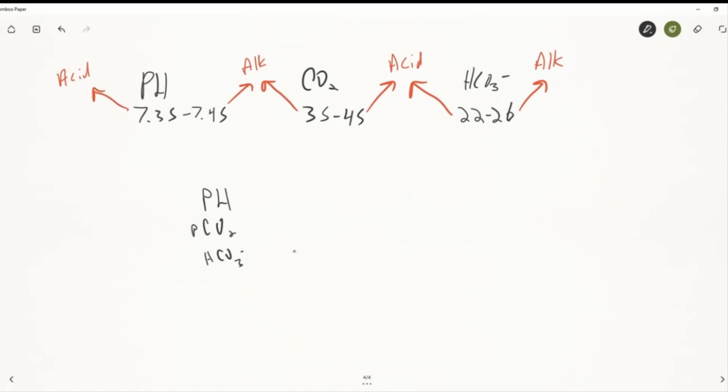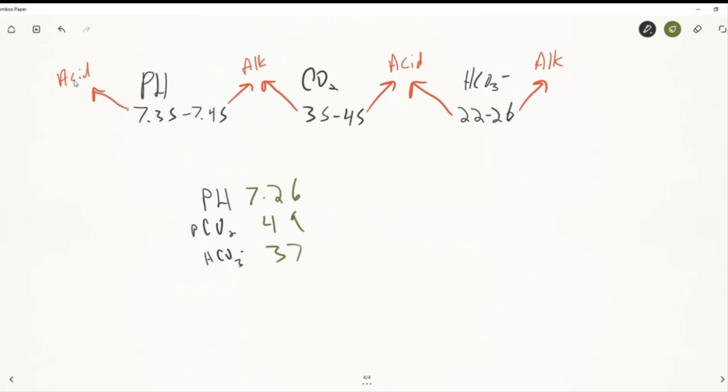Next, 7.26, CO2 49, bicarb 37. Let's go ahead and try this first on your own, and then go back and see. pH 7.26.